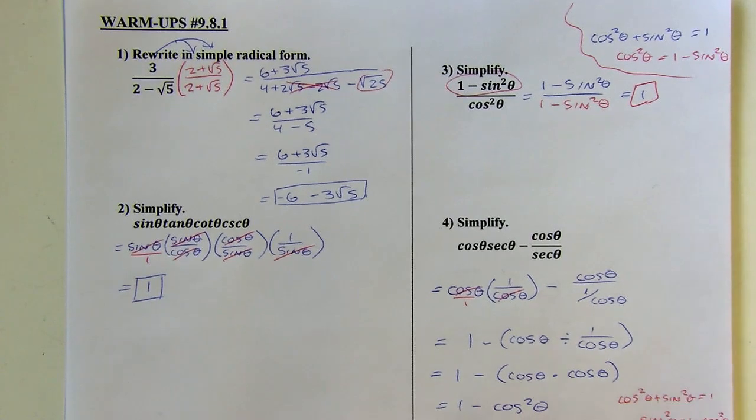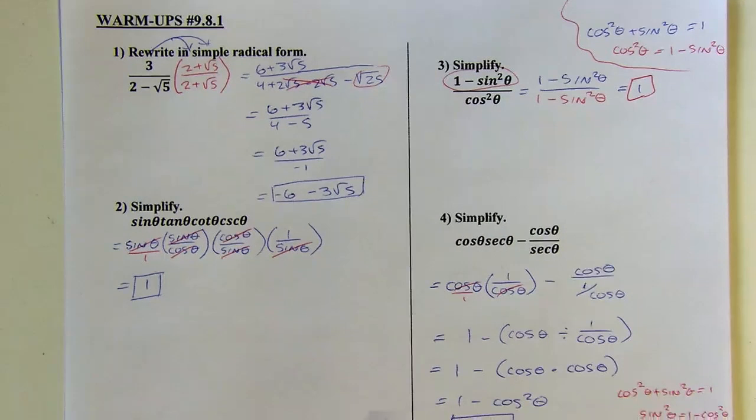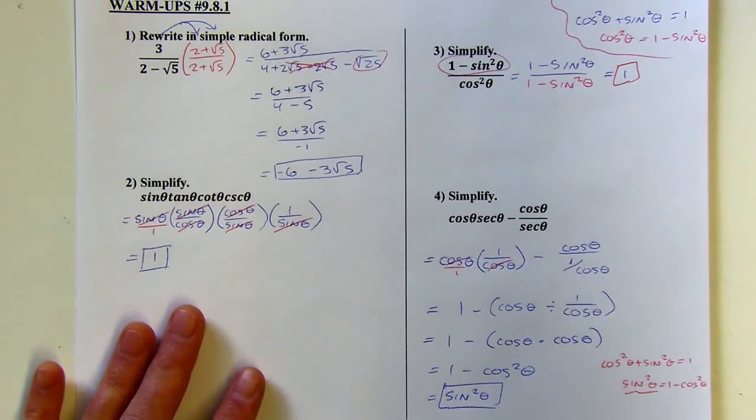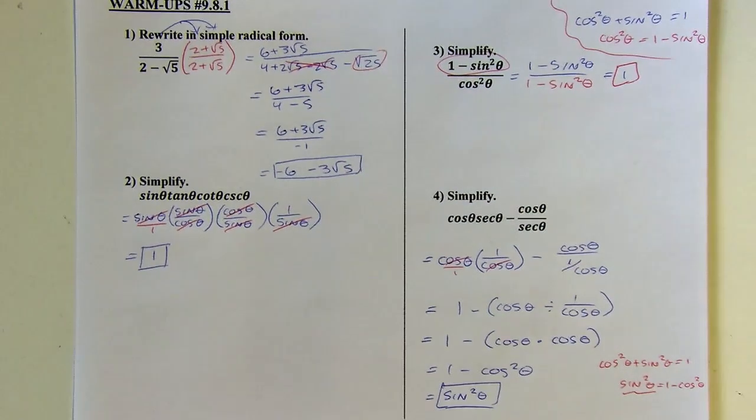And now this is going to be equivalent to 1 minus cosine squared theta. So that's considered a little bit simpler because it's just one term instead of two. And that's as far as we can go with that one. Whoops, I got off screen there a little bit. Sorry, there's my final answer, sine squared theta. That's it for this warm-up. See you next time.